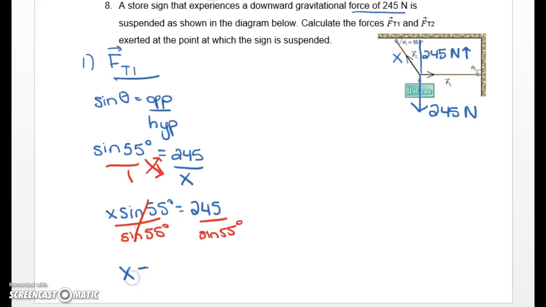Plugging that into your calculator, you should find that you get 299.09 as your answer. And then we have to make sure we account for sig figs here. We have 3 sig figs for this 245, and we're not going to worry about our angles here. So our overall answer should have 3 as well. So that means that our answer here is just 299 newtons for Ft1.